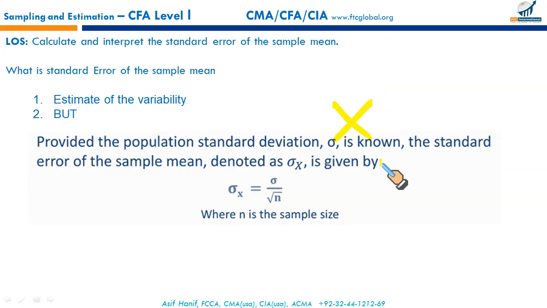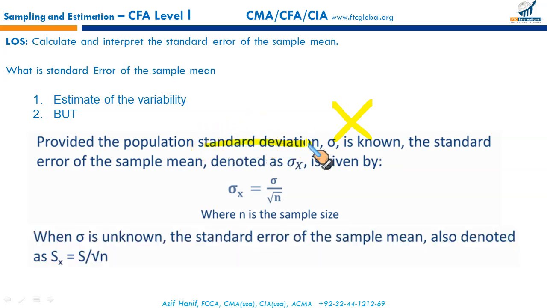So in that case, what if we do not have the population standard deviation? In that case, we have an alternative formula. When sigma for the population is unknown, the standard error of the sample mean can also be calculated using the sample standard deviation divided by the square root of the sample size. The denominator is the same, but here we have the sample standard deviation instead of the population standard deviation, right? That's an important point.